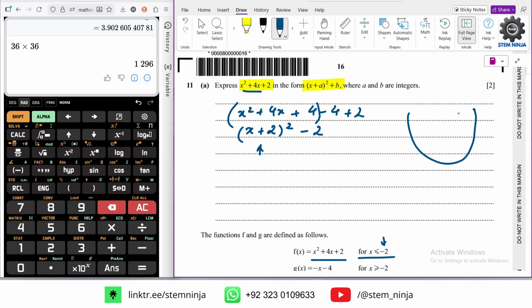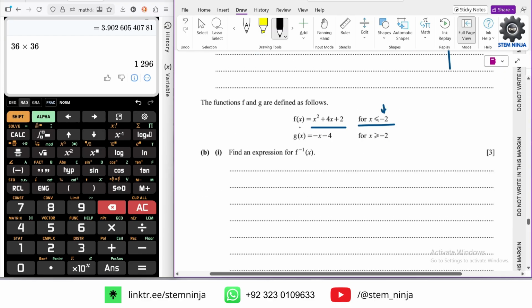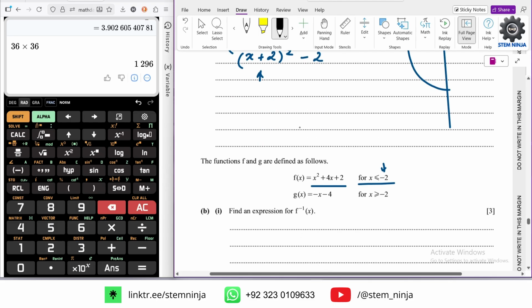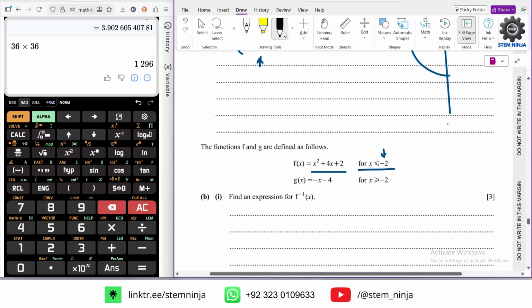Instead of having the full thing, you have just half of it. So this is easy to take the inverse of.